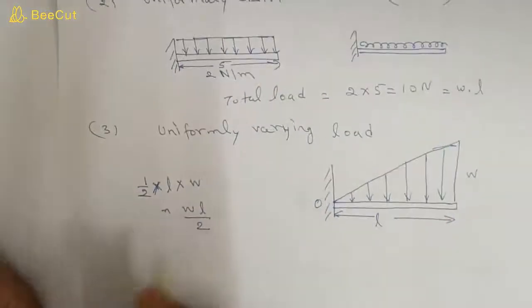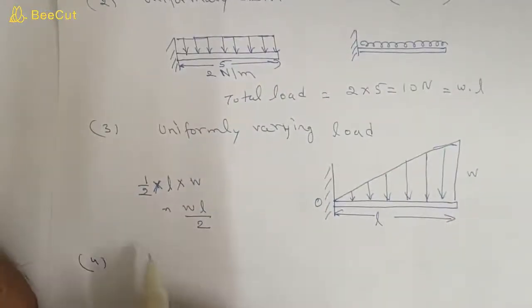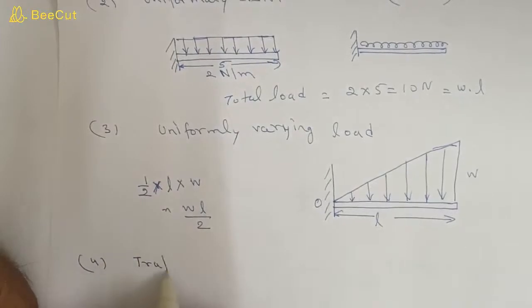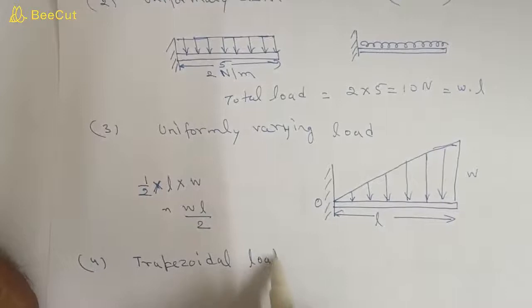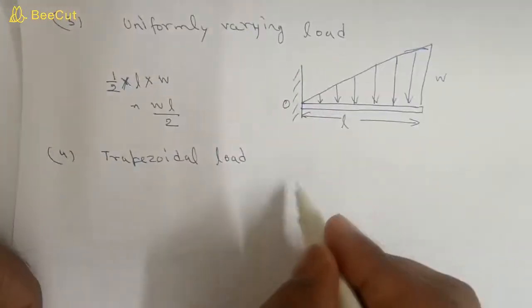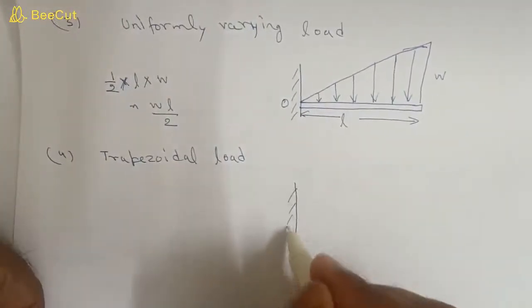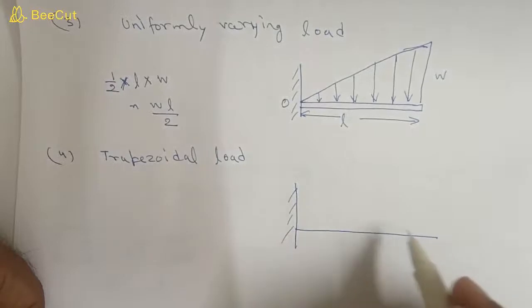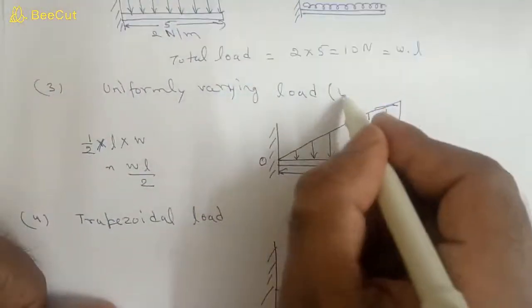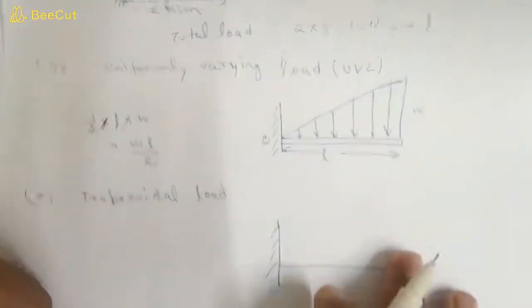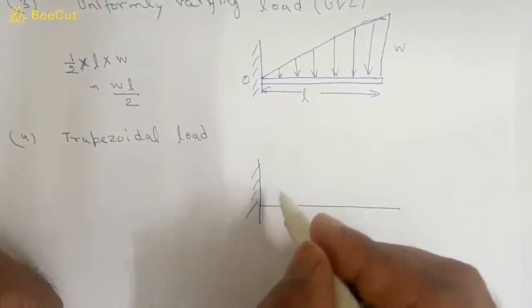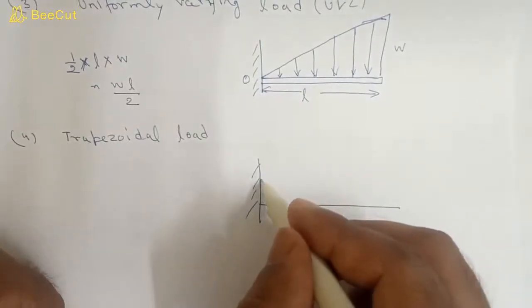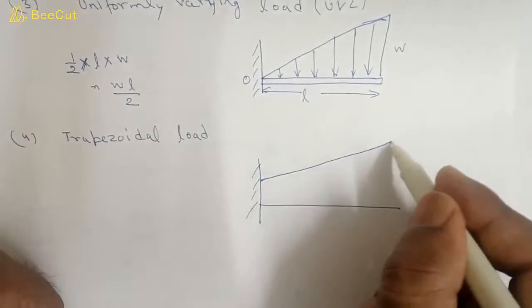Okay. Next one is trapezoidal load. This is actually a type of uniformly varying load. This is also called UVL. It is basically a type of uniformly varying load, but it will not start from 0.